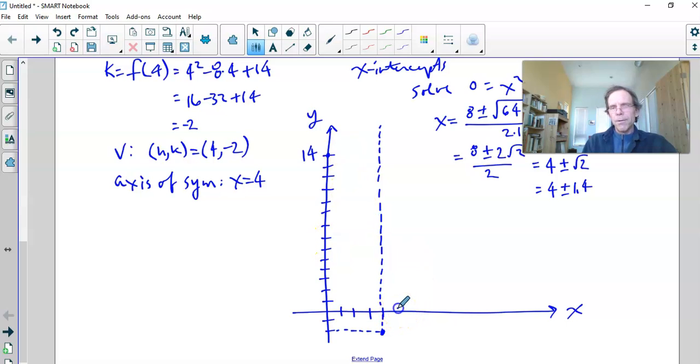We have to go to the right 1, 2, 3, 4, and that'll give us the location of another point, which is always nice to get. That's right here. It's the symmetry point for the y-intercept. Okay, now let's get those x-intercepts in there. This is 4, and then we have to go down 1.4, so maybe that's about there, not quite 1.5. The other one's maybe about there.